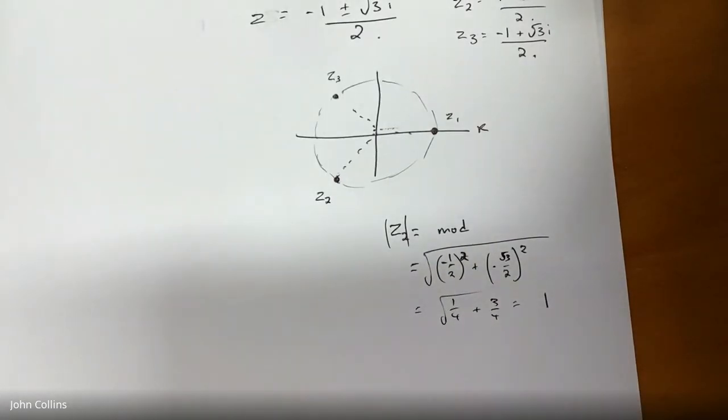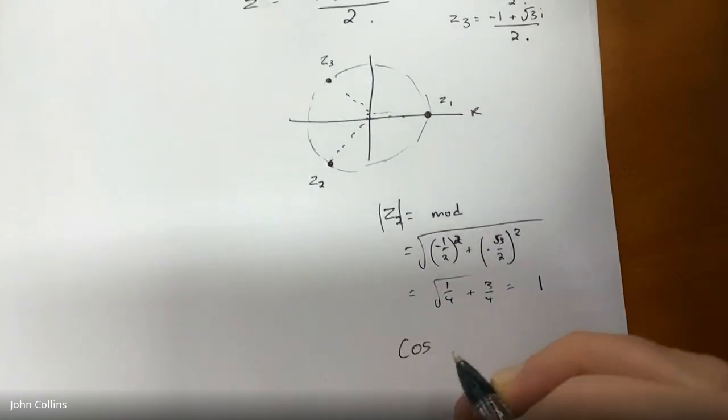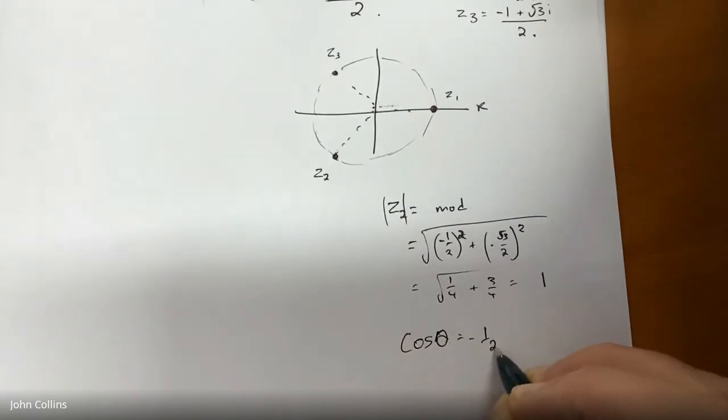The negative half refers to: what's the cos of theta that gives negative a half? The one that's negative a half is going that way.